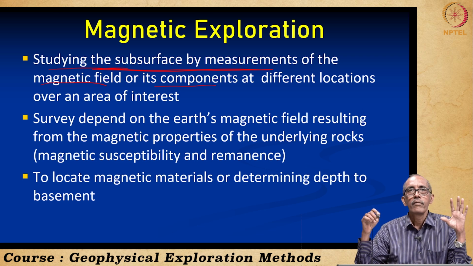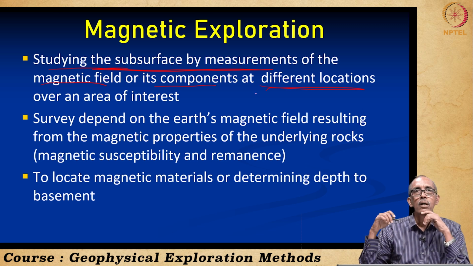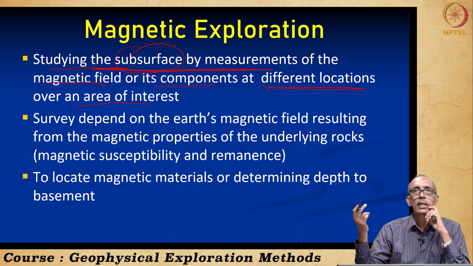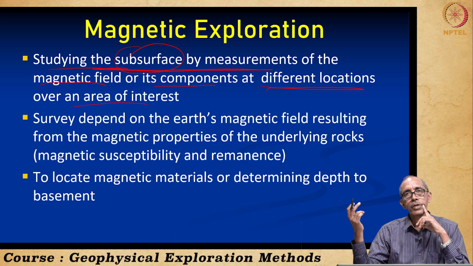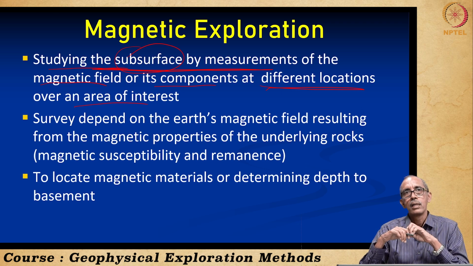We are going to measure the components of the magnetic field at the surface at different locations over our area of interest to understand the subsurface. So, this is magnetic exploration. We deploy an instrument and measure one or more components of the magnetic field at different locations over the area of our interest.